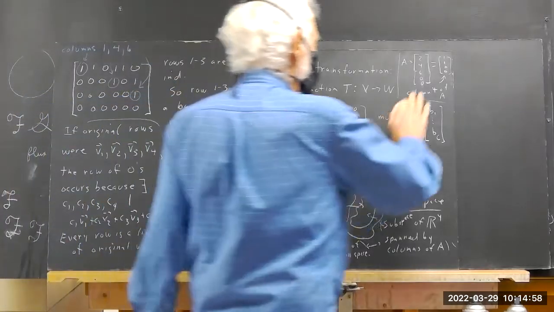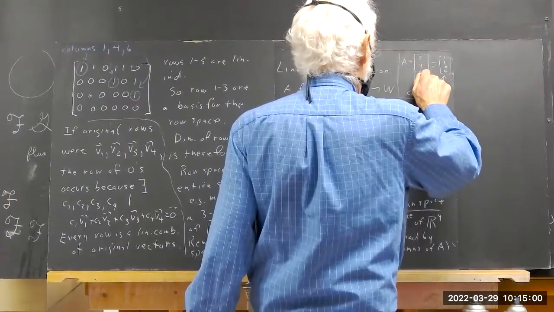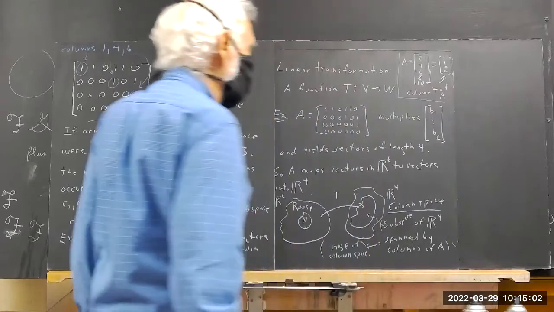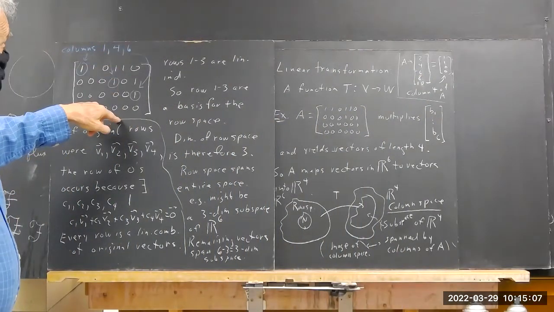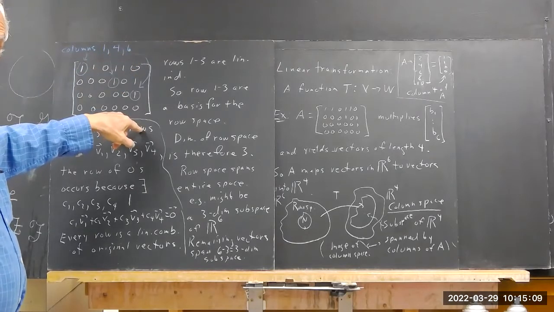Now let's do 2, 4, 6, 8, 10. Then I'll have 8 times this column and 10 times this column.